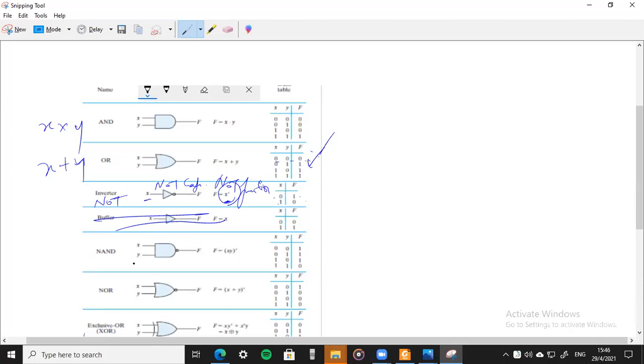We have the NAND. NAND, it is AND bar. The opposite of this one. This X is the opposite of this one.